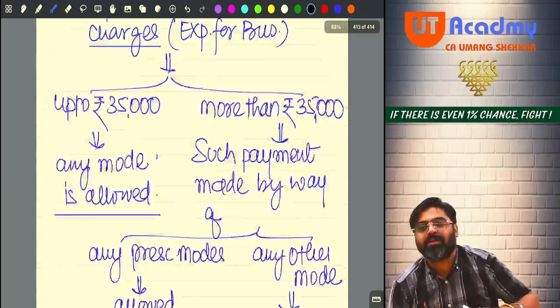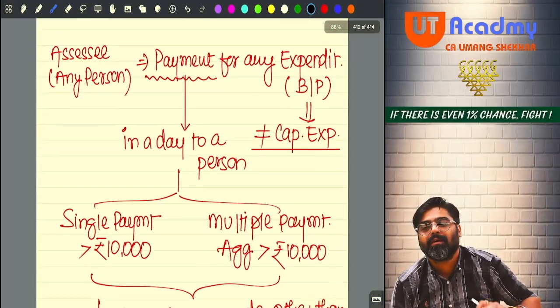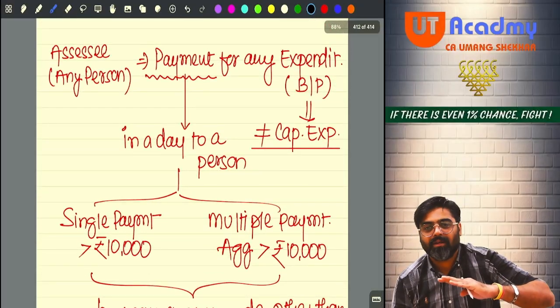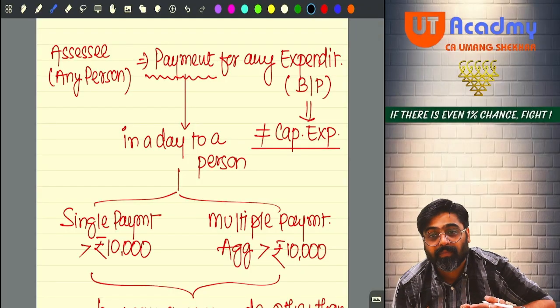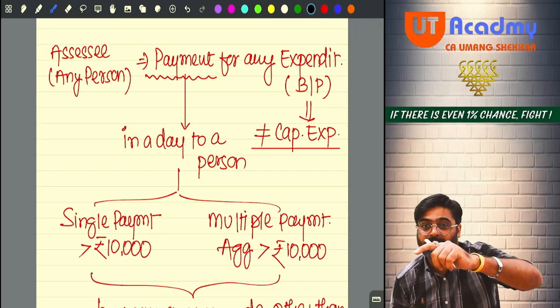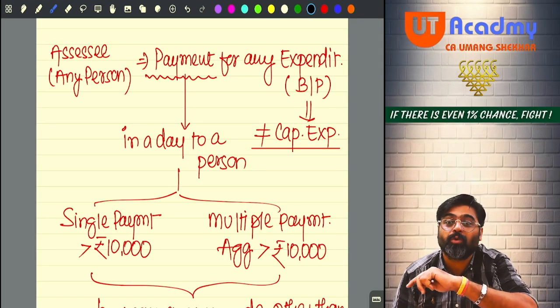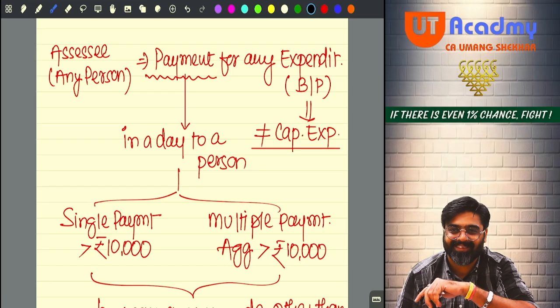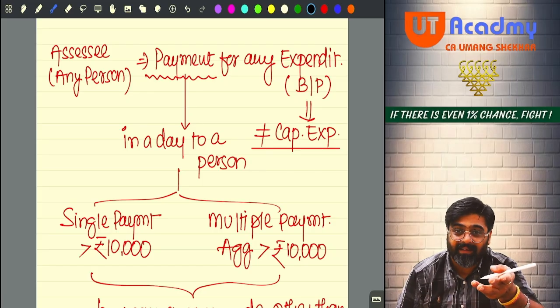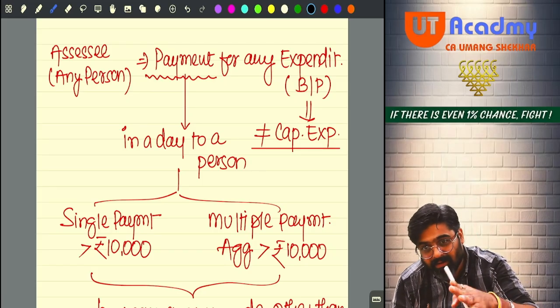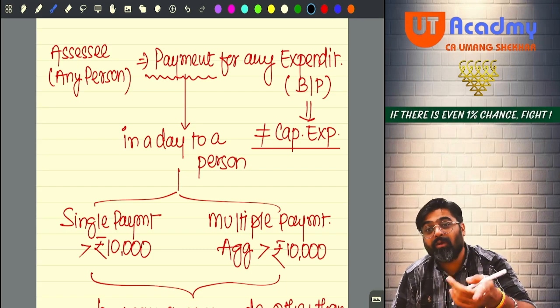Here, no, here. This year, expenditure is incurred and the payment is also made in this year. This expenditure is not outstanding anymore. The expenditure is incurred and this year only you are making the payment.